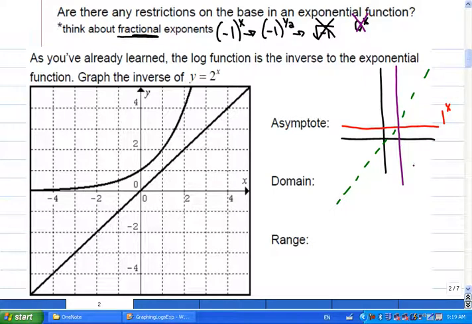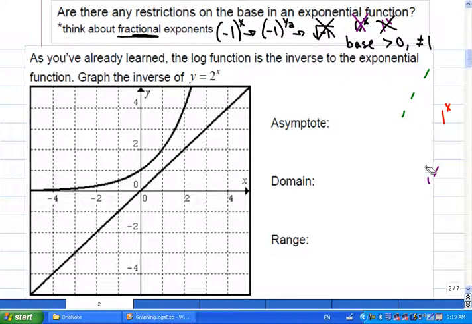It's a vertical line. It's not a function. It's going to cause us some problems here. So we don't want to allow it to be equal to 1 to the x either. So that gives us the list of restrictions that the base has to be greater than 0 and cannot equal 1. So those are some important things you'll have to keep in mind when we talk about logarithms.